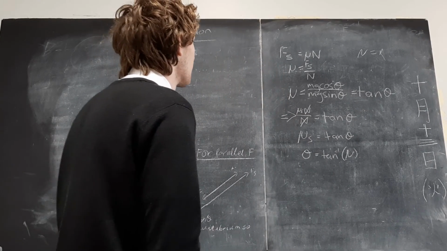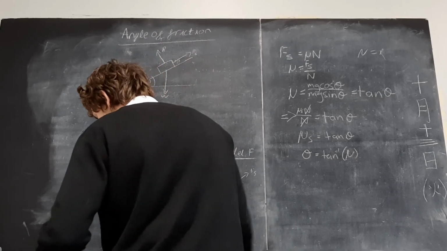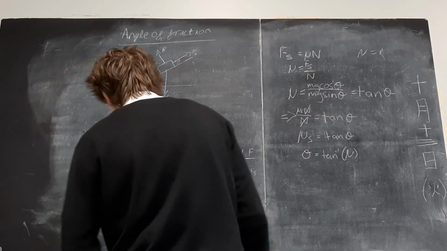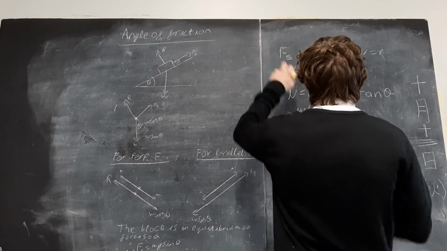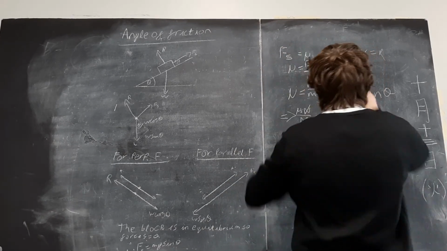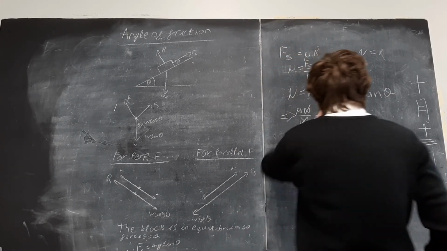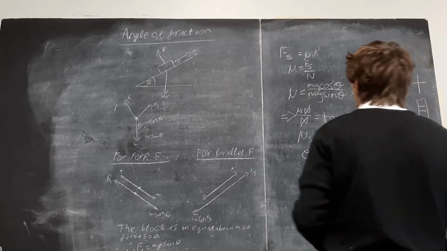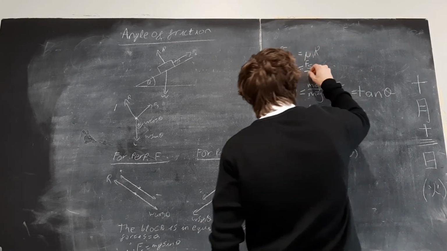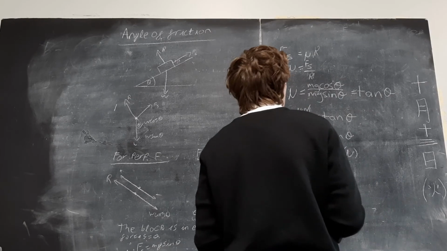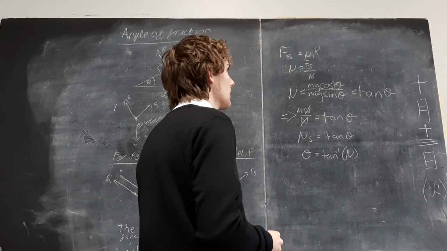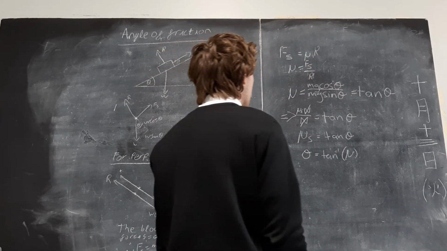So, we can then put up that Fs is equal to mu R, but we're going to use R because it does make things less complicated. So, the coefficient of friction is equal to the friction over the reaction force.